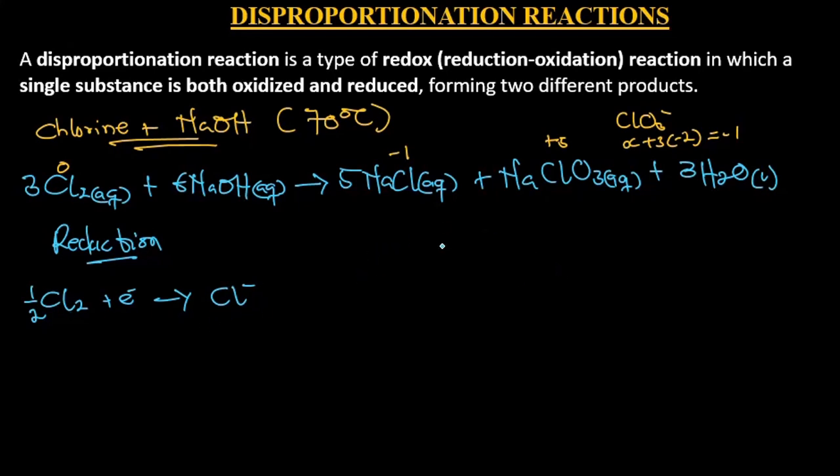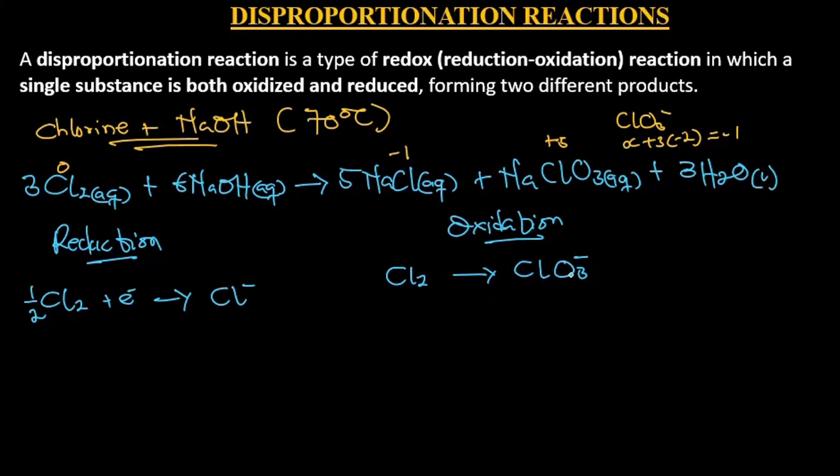Now for the oxidation half, we have chlorine, Cl2, becoming ClO3 minus. Once again, we are ignoring the sodium. So if the sodium is no longer there, then we need to put a minus charge on the compound anion.